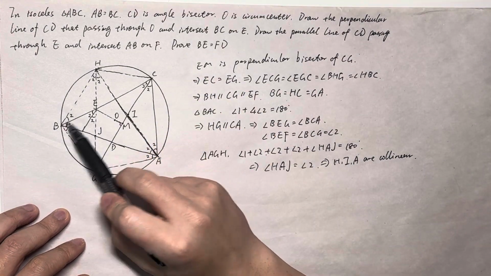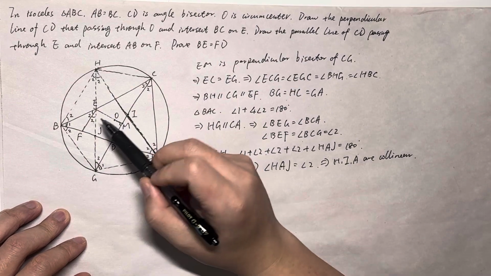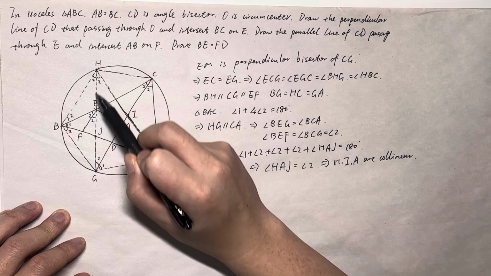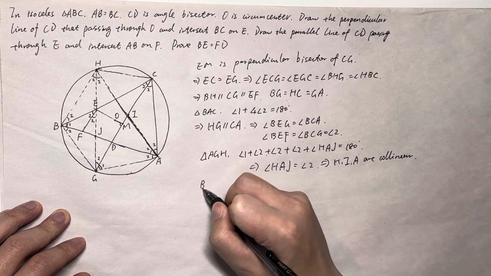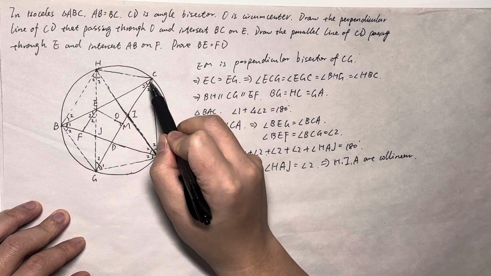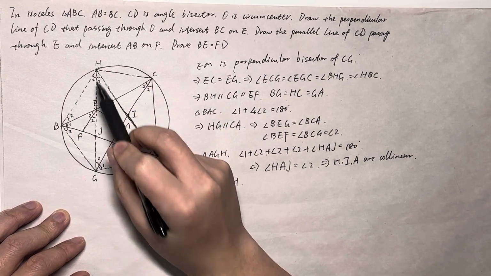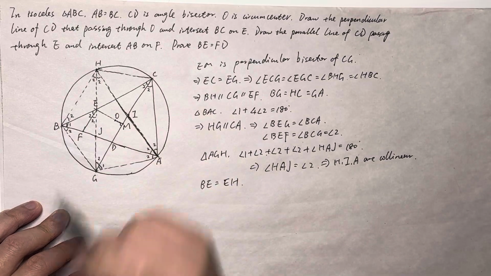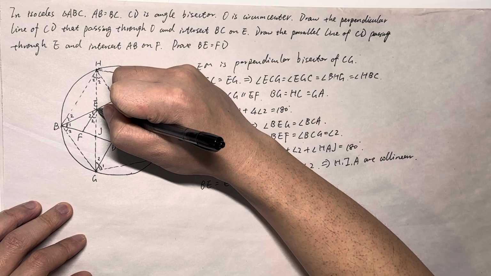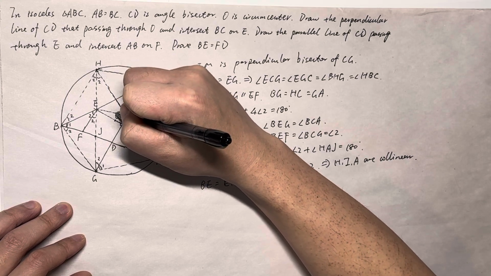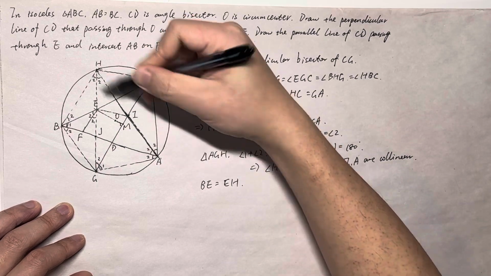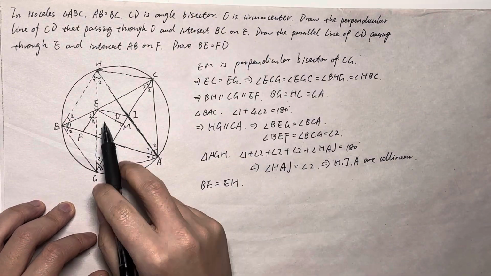We have BE, and we already know that this is angle 2, this is angle 2, so BE equals EH, because angle CBH and angle GHB are equal. BE equals EH. And if we connect EI, we know that H, I, A are collinear.